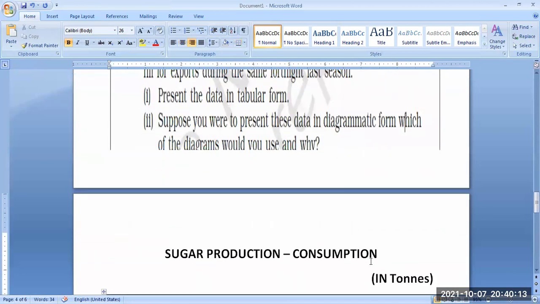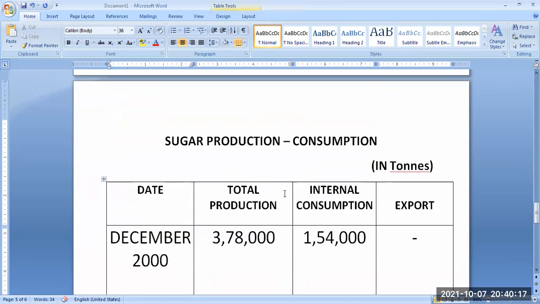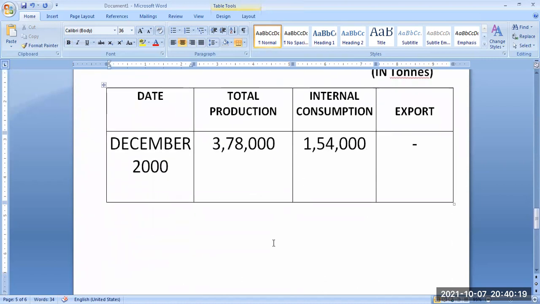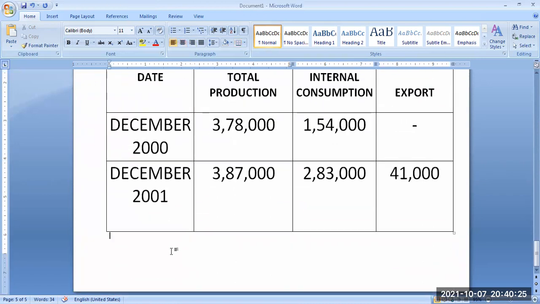So again, the source. Source is required. Source we have to mention. Is the source given?